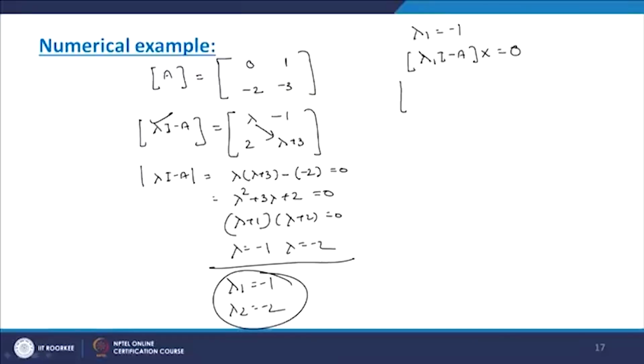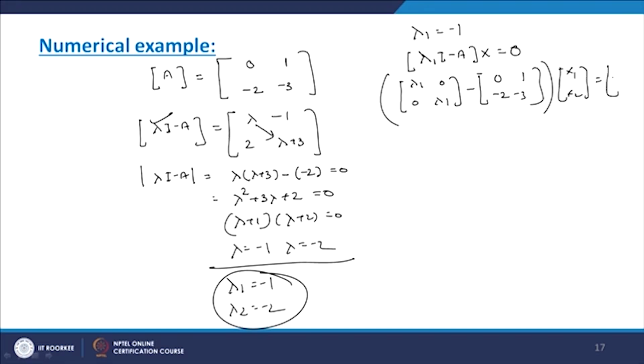So we write the equation as lambda 1, 0, 0, lambda 1 minus A, where the A matrix is 0, 1, minus 2, minus 3, multiplied by the states x1, x2 equal to 0, 0.